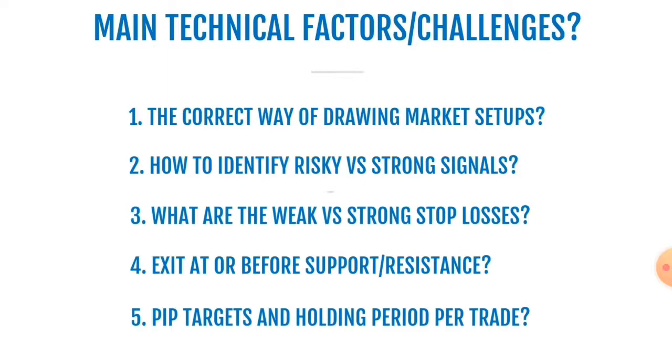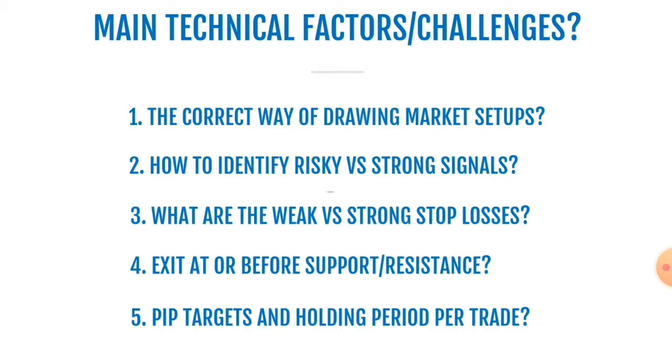And of course, we have to ensure that we're targeting a strong enough pip target, because we want to ensure that we're not aiming too high nor aiming too low. If we're aiming too low in terms of pip targets, then it will not provide us with the rate of return that we want.